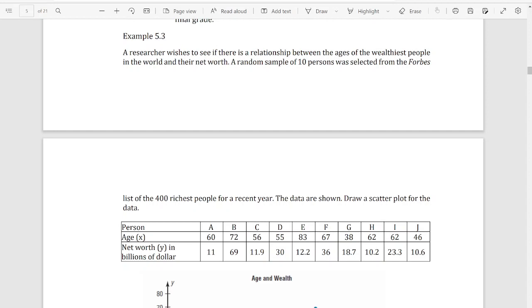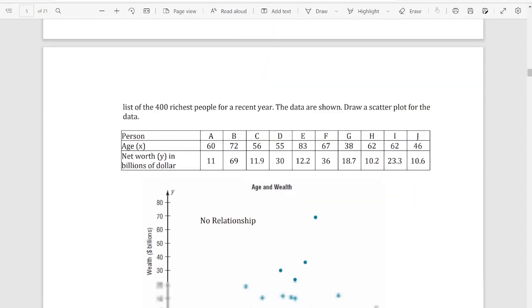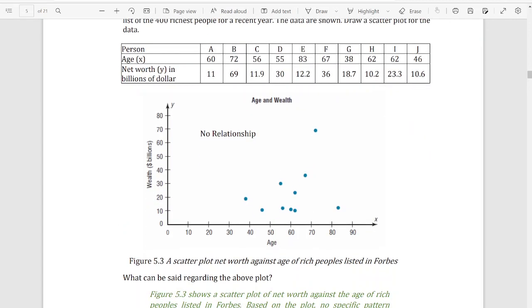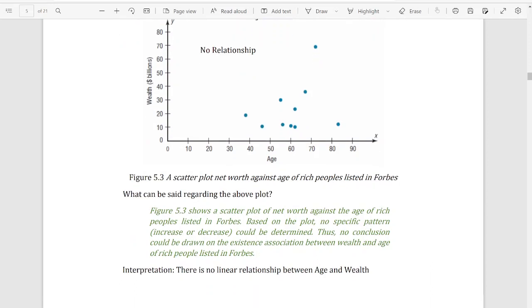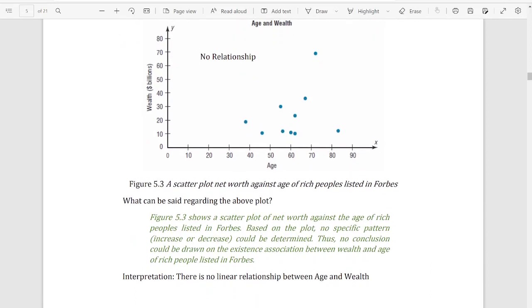The data are shown. So draw a scatter plot for the data. So dia bagi dia punya umur dan juga dia punya net worth. Okay, dari sini kita draw dia punya graph, and then berdasarkan graph yang kita dapat, kita boleh buat dia punya conclusion. Okay, so that is in term of scatter plot.